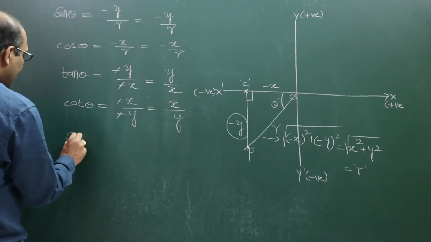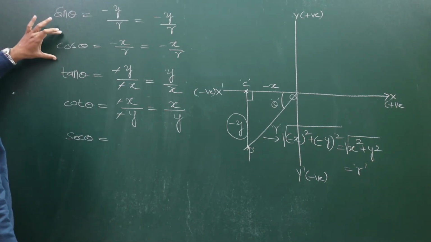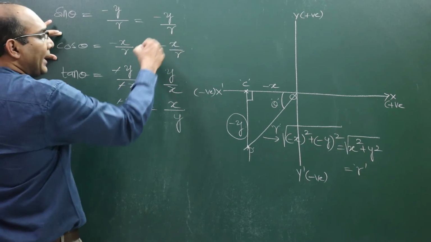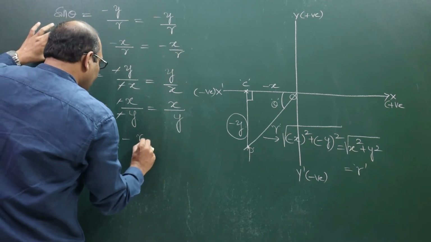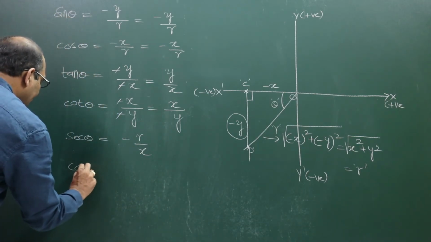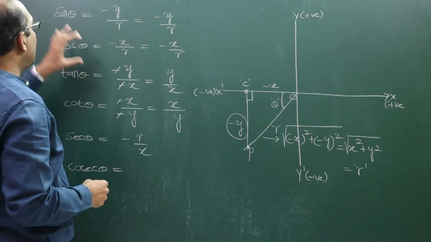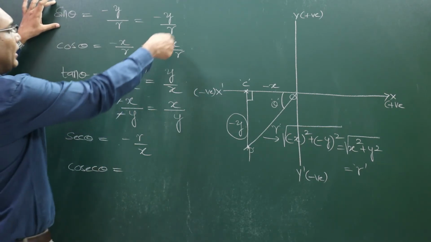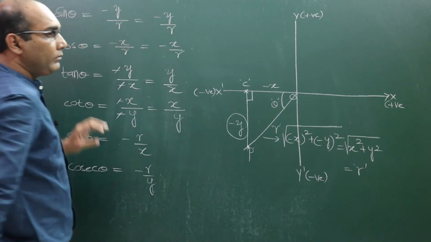And what about secant theta? Secant theta is the reciprocal of cos theta, that is negative of r by x. And what about cosecant theta? Cosecant theta is the reciprocal of sin theta, that is negative of r by y.